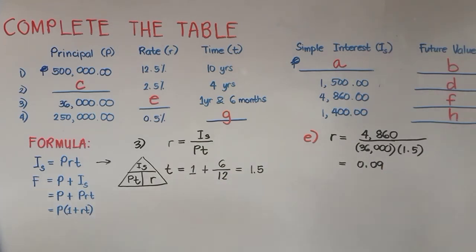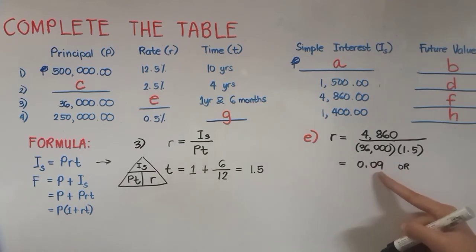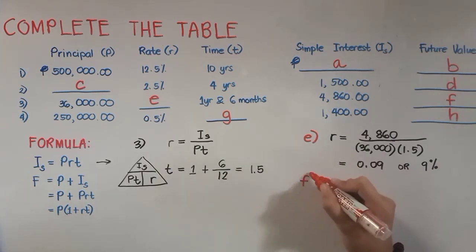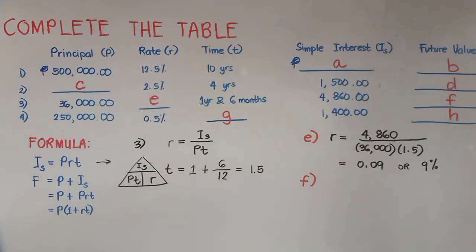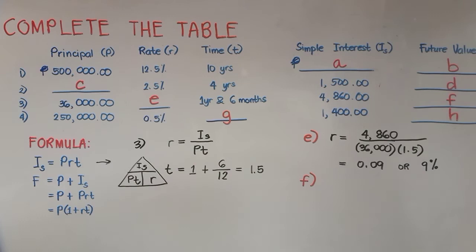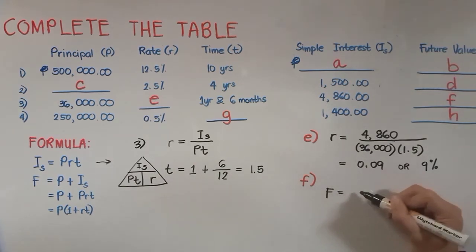This is in decimal, so you can make it into percent by multiplying it to 100. This will give you 9%. Let's now proceed in getting our future value. F. We have here the principal and the interest already given in the table, so we will be using the simplest formula.